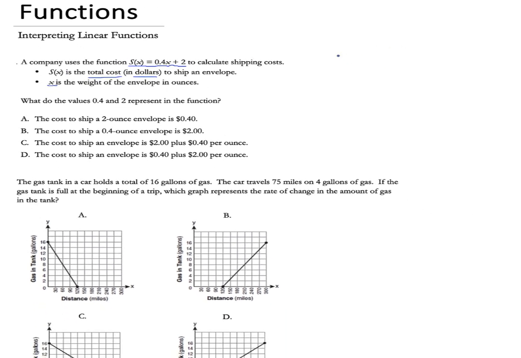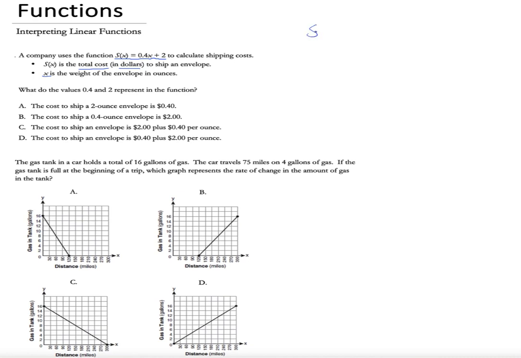Now this function is a linear function, so you have S(x) = 0.4x + 2. If I started replacing x with various values, you will notice that if we let x be 0, this would be 0.4 times 0 plus 2.